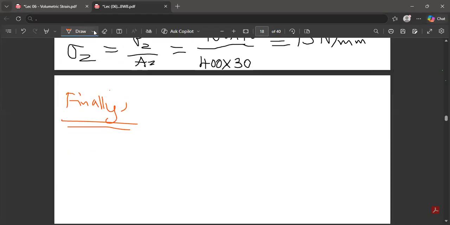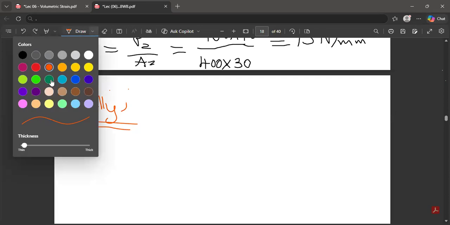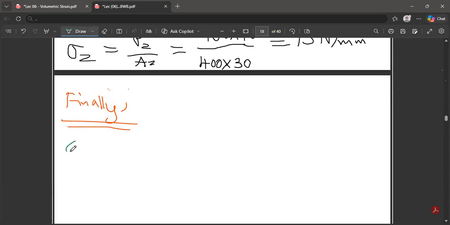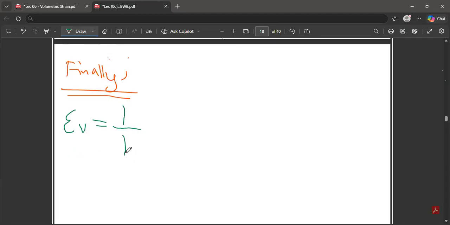So finally we can say that our volumetric strain is equal to 1 over the elasticity. Or better still, we can even write the formula again, so that everyone can be sure of what we are doing.